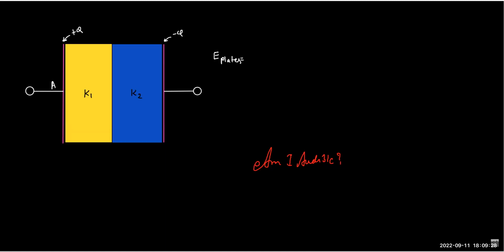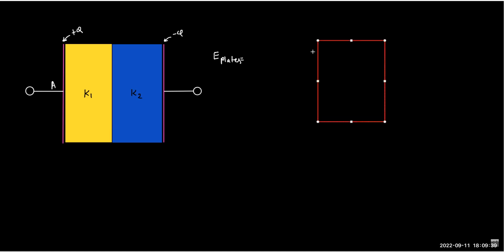So what is the electric field due to the plates? If we have simply a parallel plate capacitor, and if one of the plates is positively charged and the other is negatively charged, what is the electric field between them?